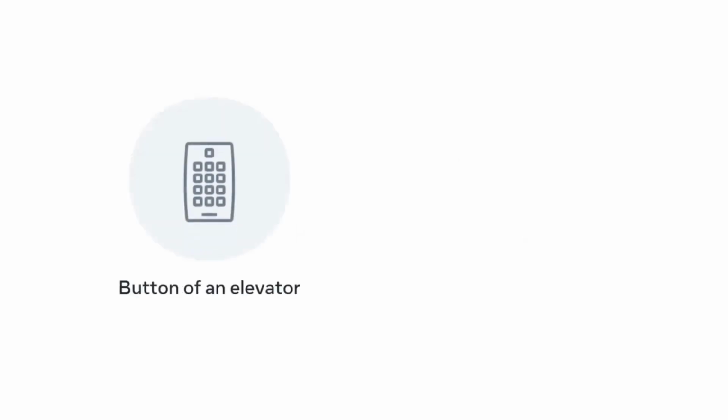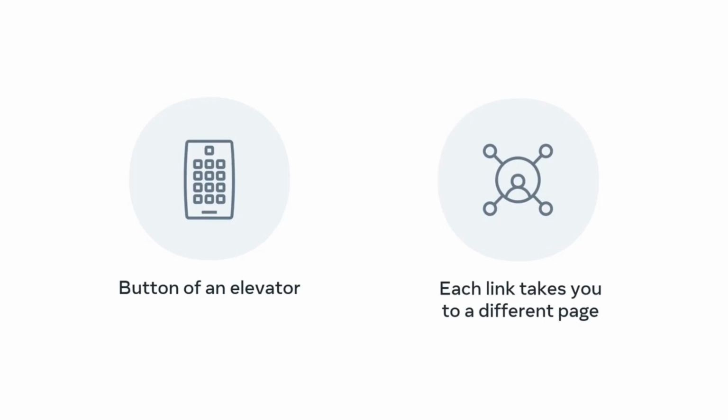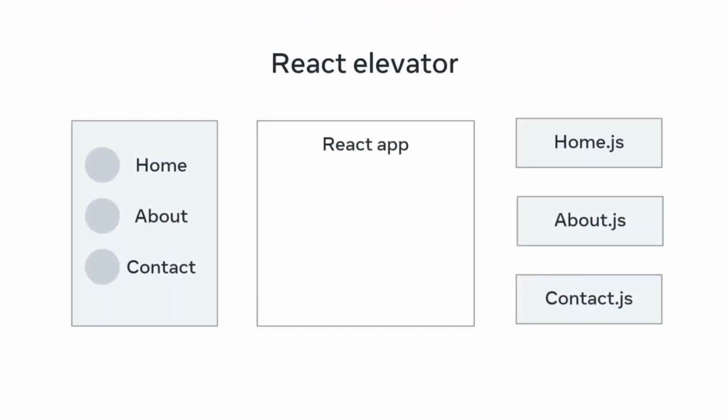To help illustrate how navigation between pages works with React, think about how the buttons on the inside of an elevator work. Pressing the button will take you to the selected floor. Similarly, each link on a website takes you to a different page if you click on it. If, however, you're in a React elevator, it's as if the elevator never moves.